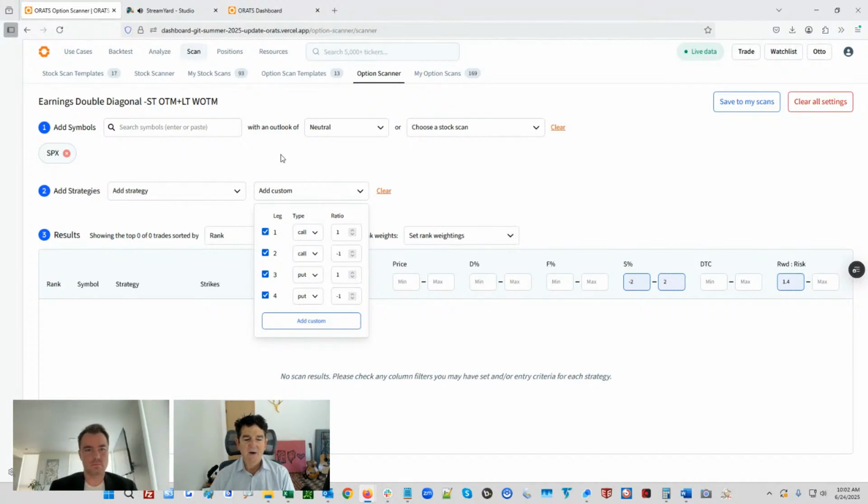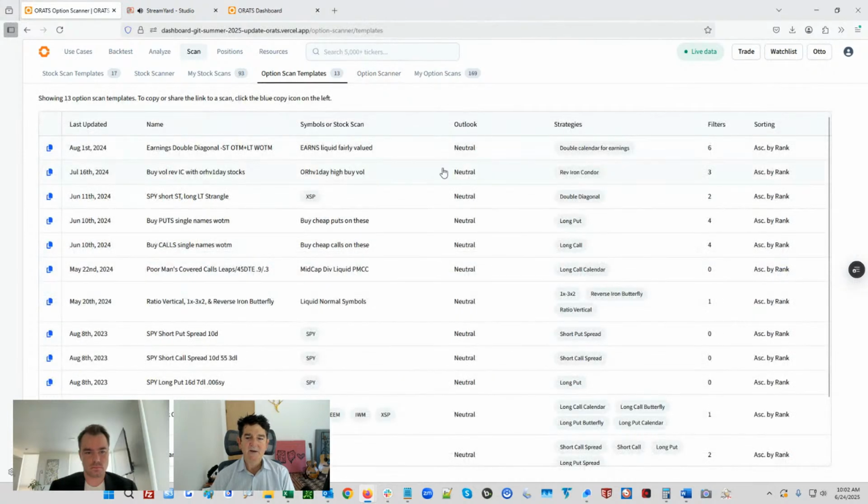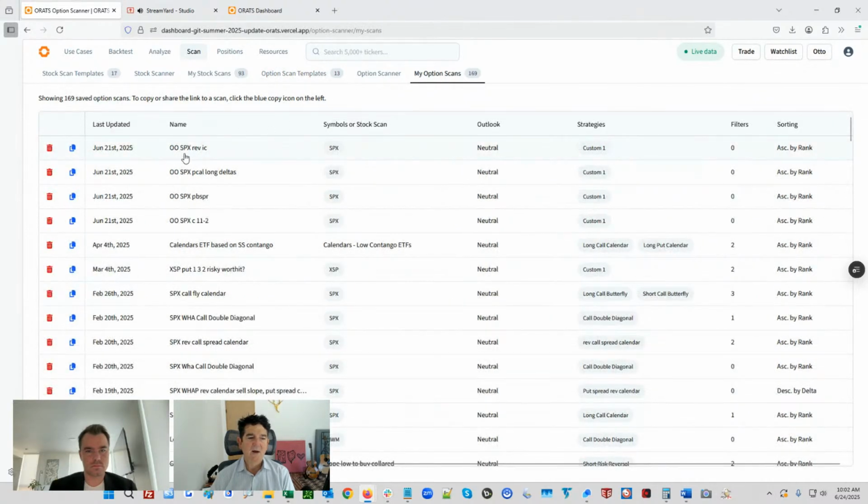So it's not easy. You could also go to the option scan templates and see, here's a double diagonal for earnings. We've named some of these. For example, you could use that one, or in my option scans, I've saved reverse iron condor, a put calendar with long deltas.